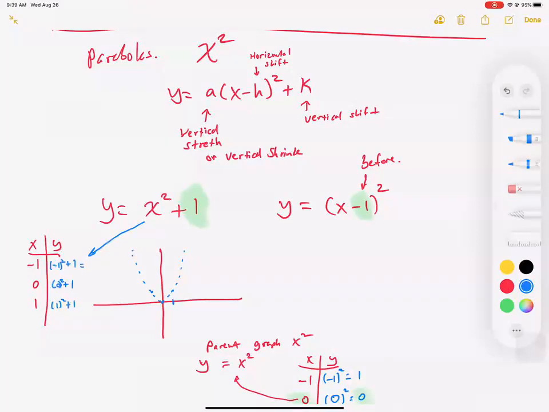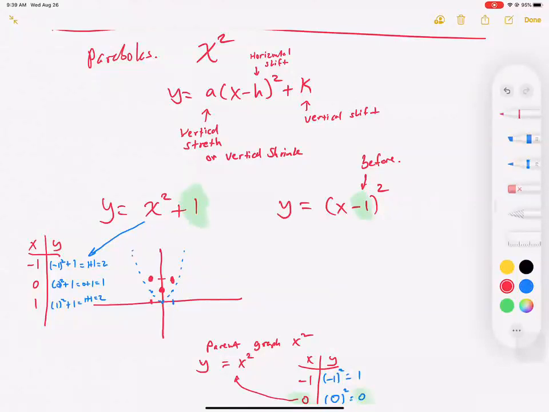When I crank out the math, -1 squared is +1. 1 plus 1 is 2. 0 squared is 0. 0 plus 1 is 1. And 1 plus 1 is 2. Let's go ahead and graph these values here. When x is 0, y is 1. When x is 1, y is 2. When x is -1, y is 2.